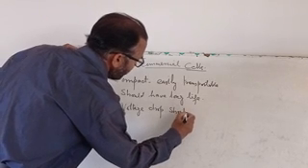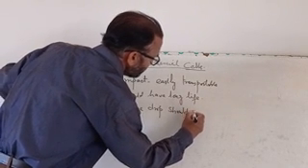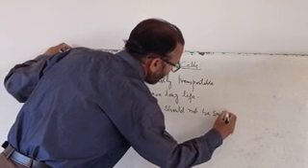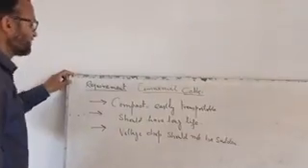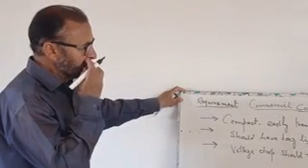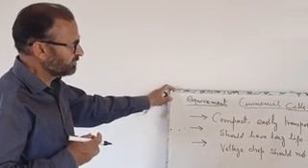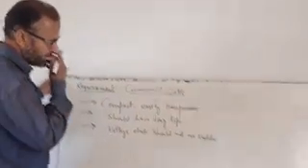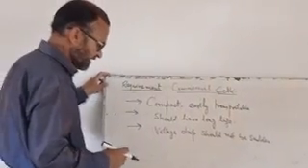In case of a cell, the voltage drop should not be sudden. These are the requirements of the battery: compact and easily transportable, long life, and the voltage drop should not be sudden.